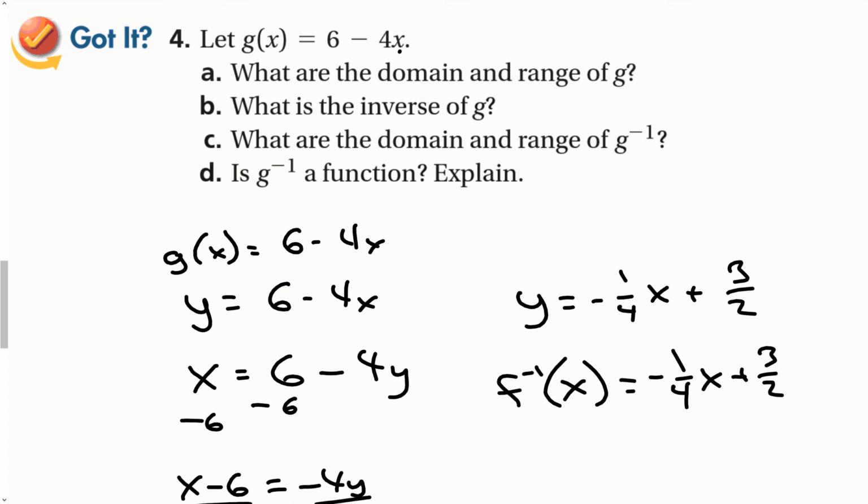The only things that limit domains are square root functions and variables in the denominator. A square root function can't have anything inside that makes it less than 0. If I have a variable in the denominator, I just can't have the denominator be equal to 0. So that was switching and solving and then writing it as an inverse function.